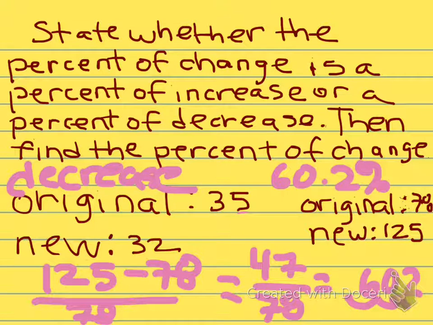And then I need to see whether this is an increase or a decrease. So originally 78 going up to 125 for the new value makes this an increase. So it's a 60.2% increase.